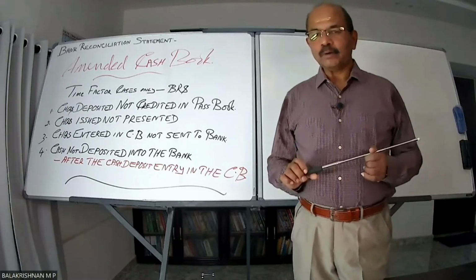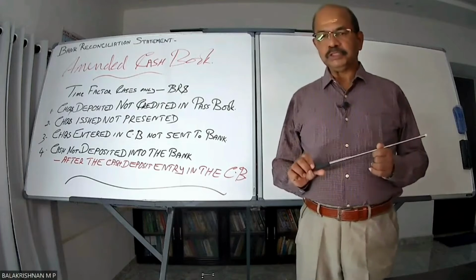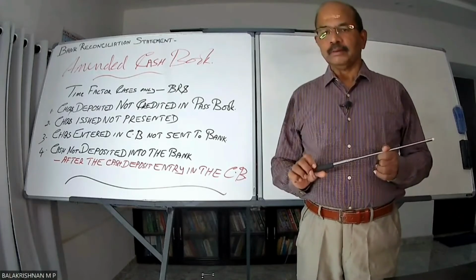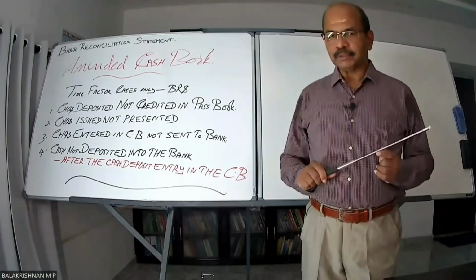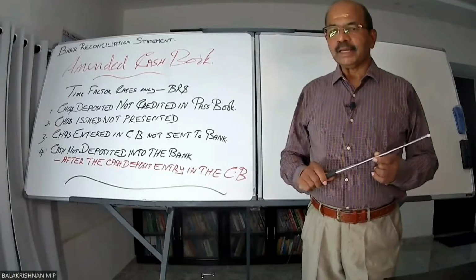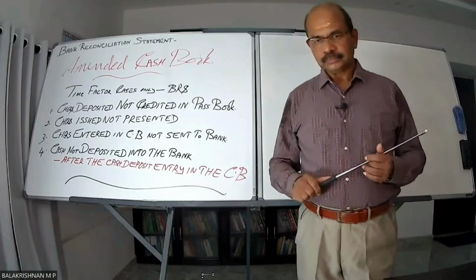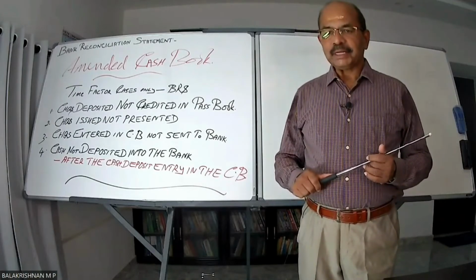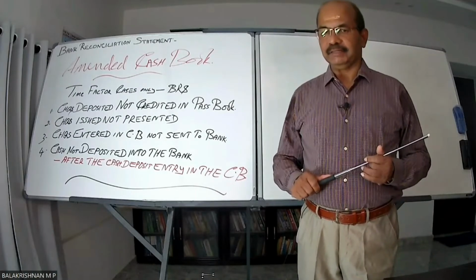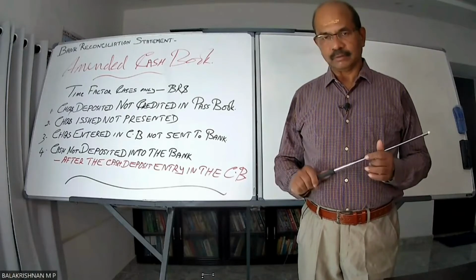Well, now how I'm going to teach you. Okay, my method will be to take up a question and explain through the whiteboard the amended cash book, each and every entry to your satisfaction.